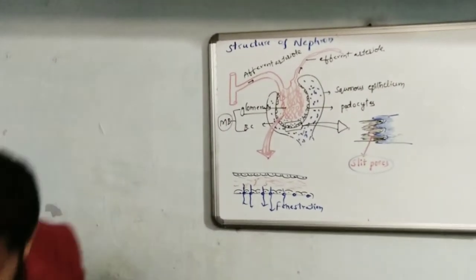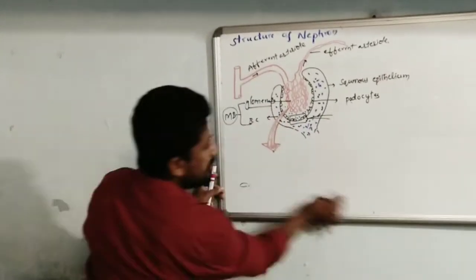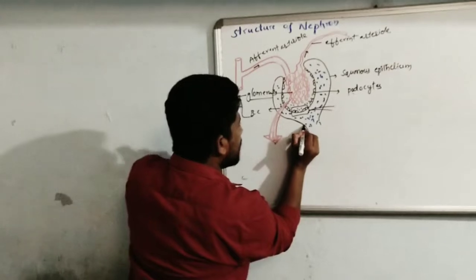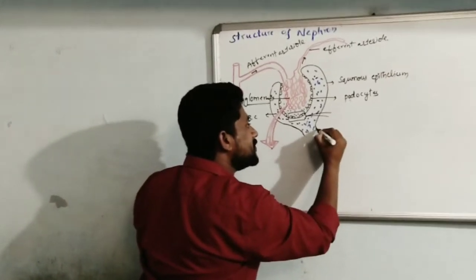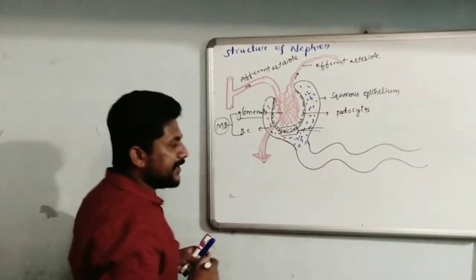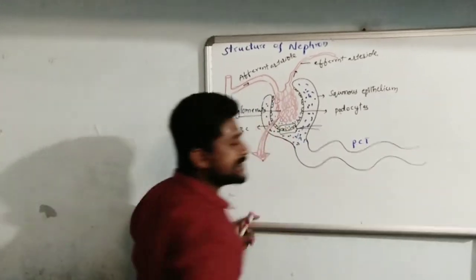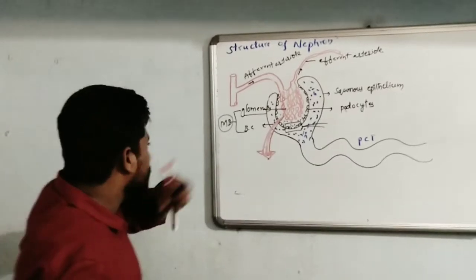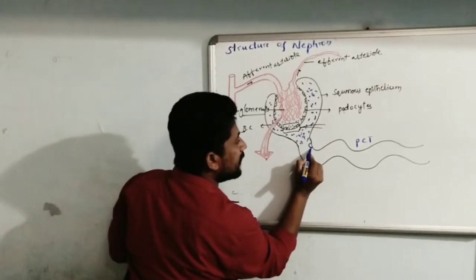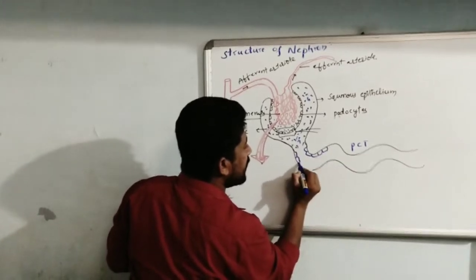The Bowman's capsule is continuous as a highly coiled structure, known as the PCT, the proximal convoluted tubule. The proximal convoluted tubule is lined by cuboidal brush border epithelium.